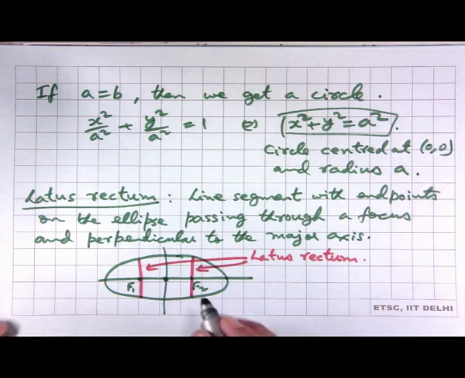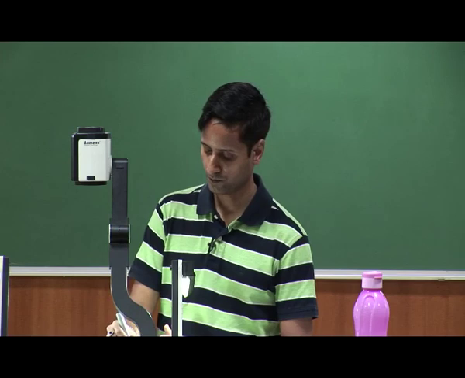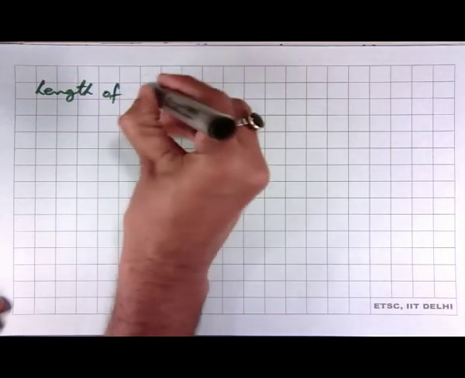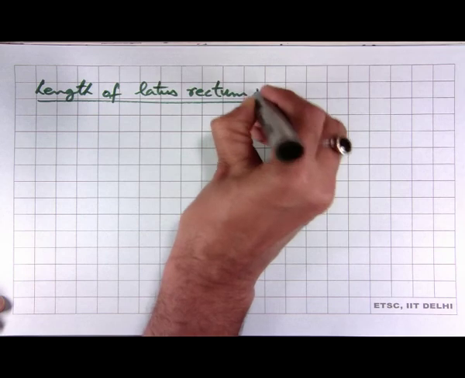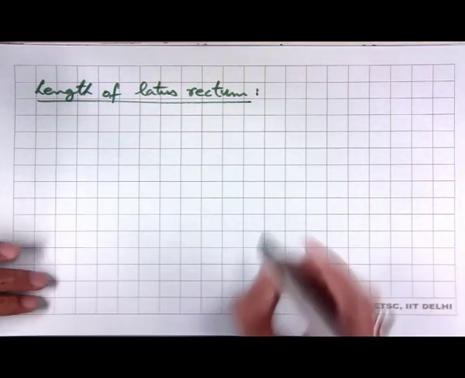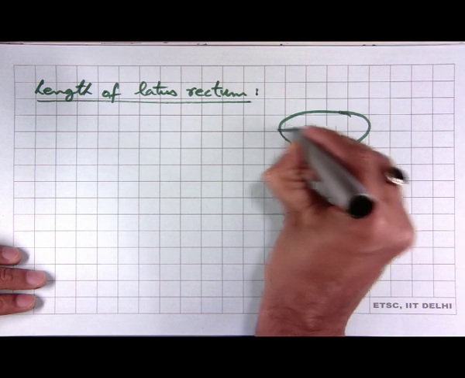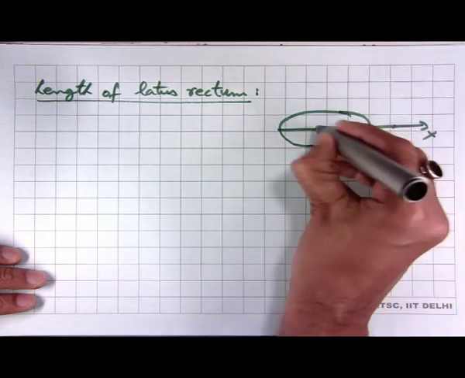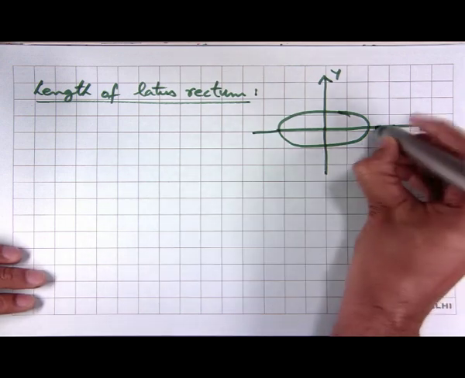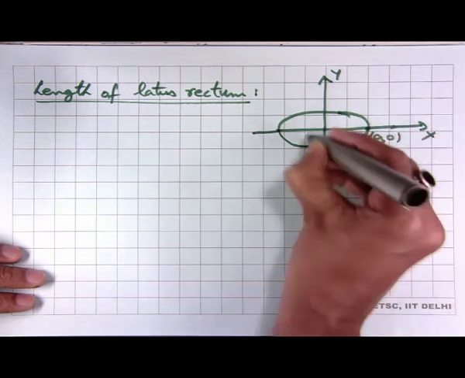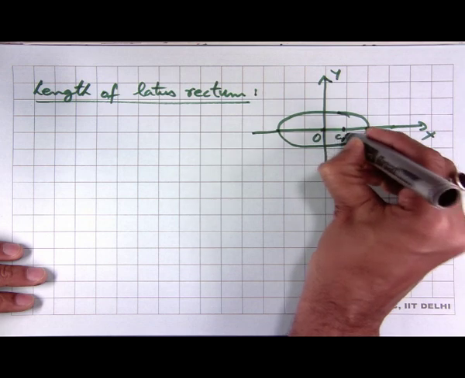So, we have this point as (a, 0), this is the origin, this is one of the foci (c, 0).